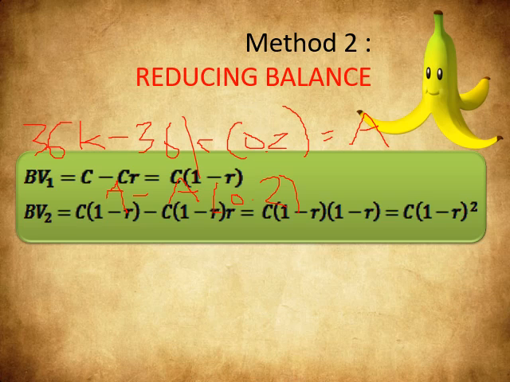Okay, the current value after depreciating 1 year, you get value A. So A minus A times R, that is 20%. Then you get B. Next, B will be used. So proceed to BV3.